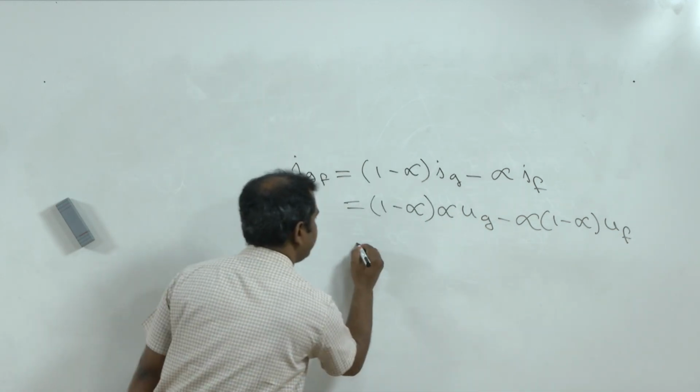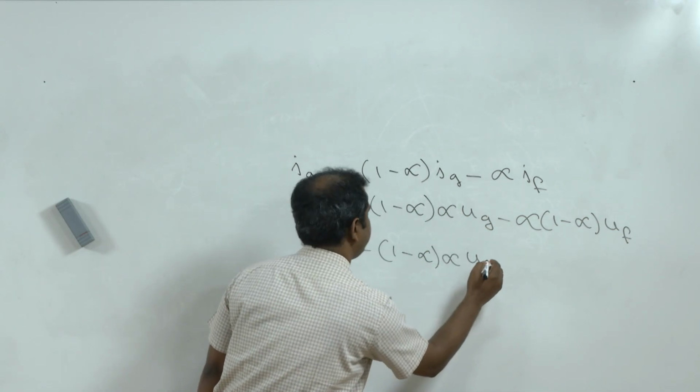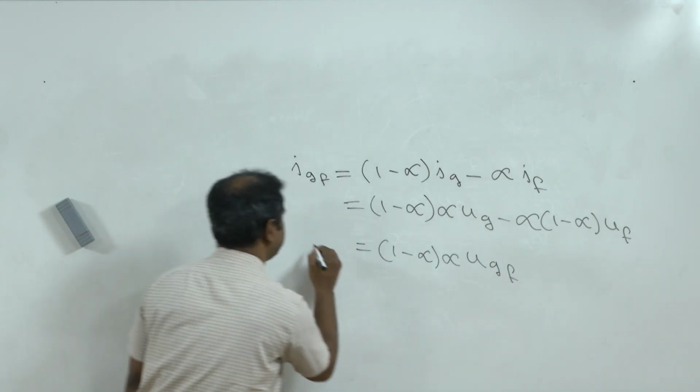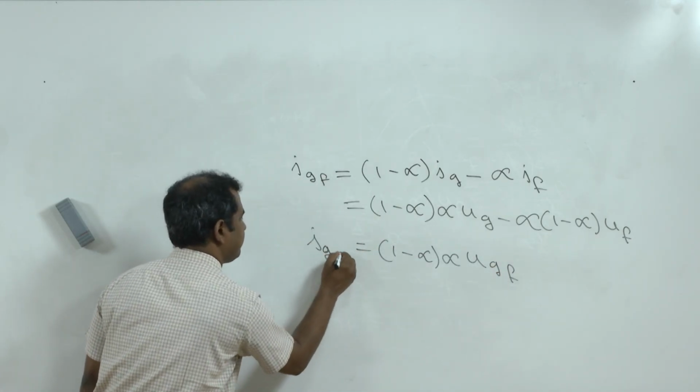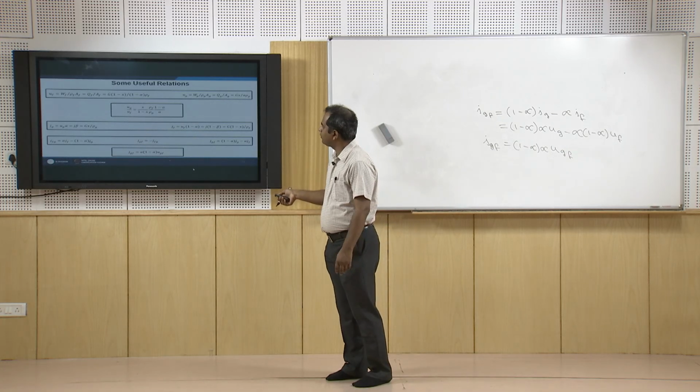So, ultimately you get alpha into 1 minus alpha into Ugf. This is the final equation we have written down over here, which will be very important for two phase flow.